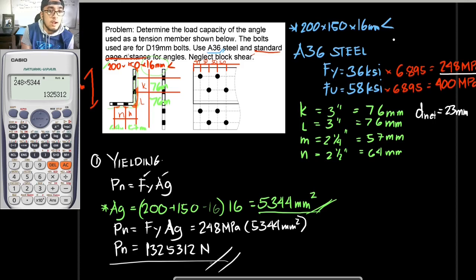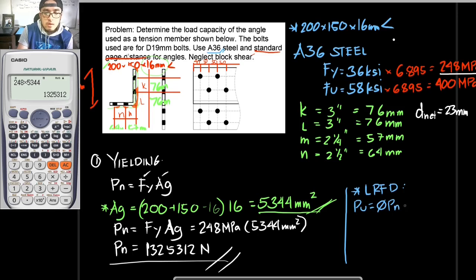Pero, nominal yan. Ang kailangan nating mahanap is yung allowable strength and yung design strength. Pero okay, so this time we won't fail. Parang the last time nagkamali ako, no? So for LRFD, our design strength would be phi Pn. So that is to be Pu. Pu is equal to phi Pn.